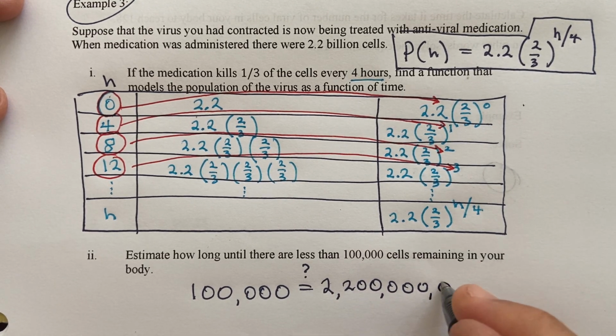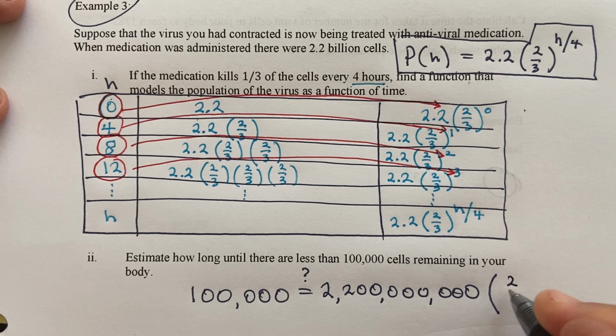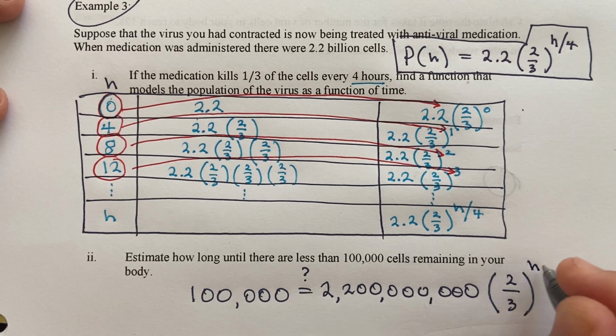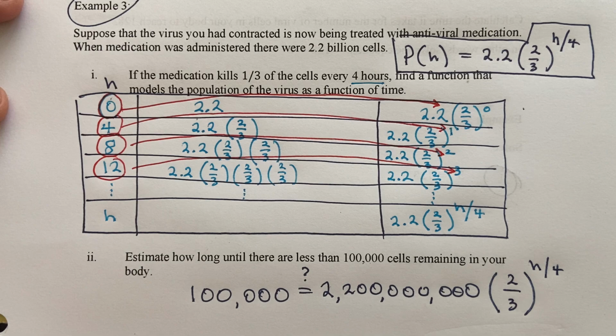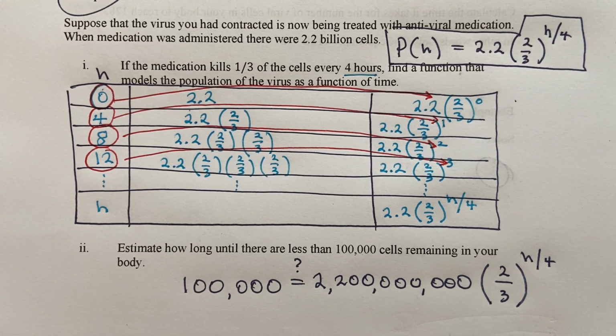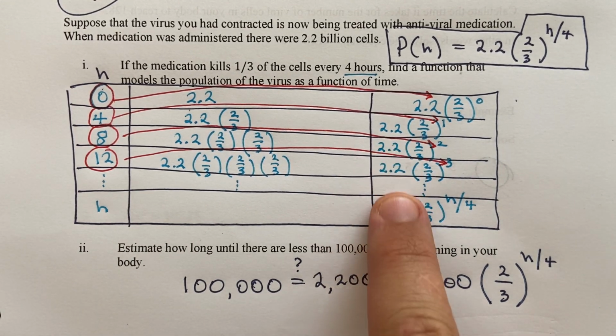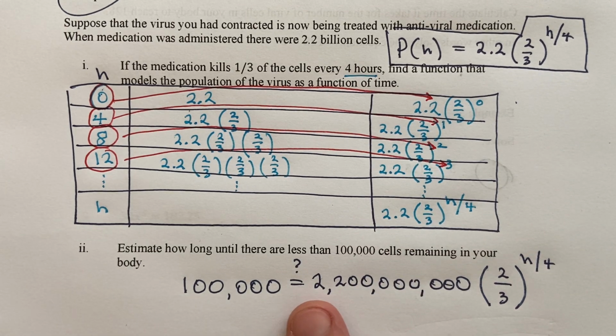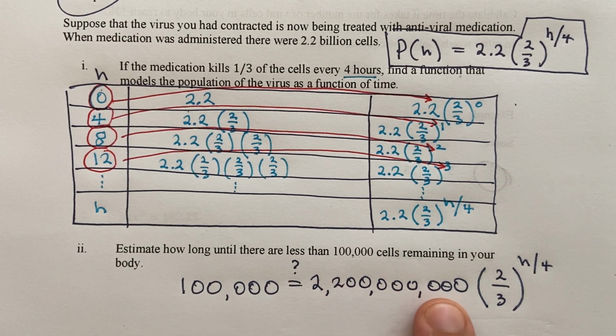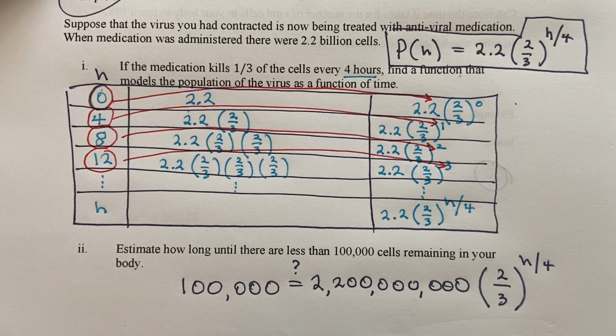This is 2.2 million, so I need 3 more zeros. And then times 2/3 raised to the h over 4. So I was just writing 2.2 up here to save room, right? It's really this beginning amount, not just 2.2 cells.